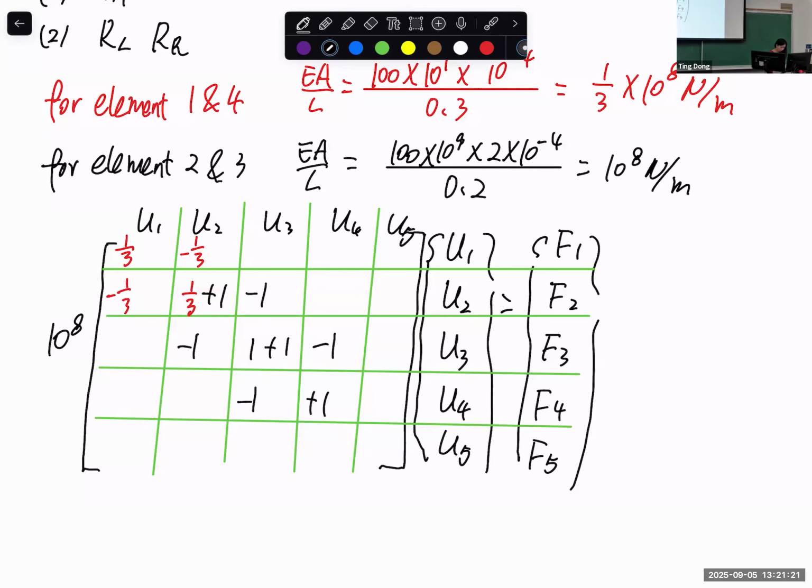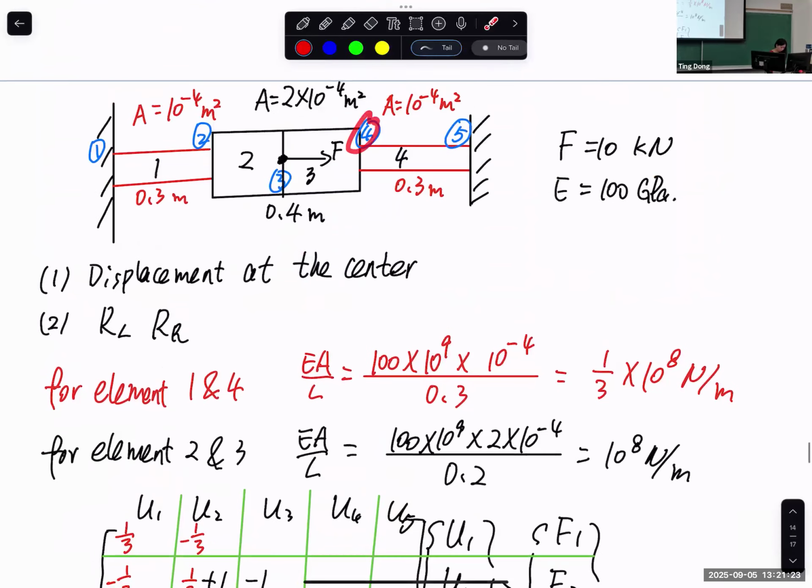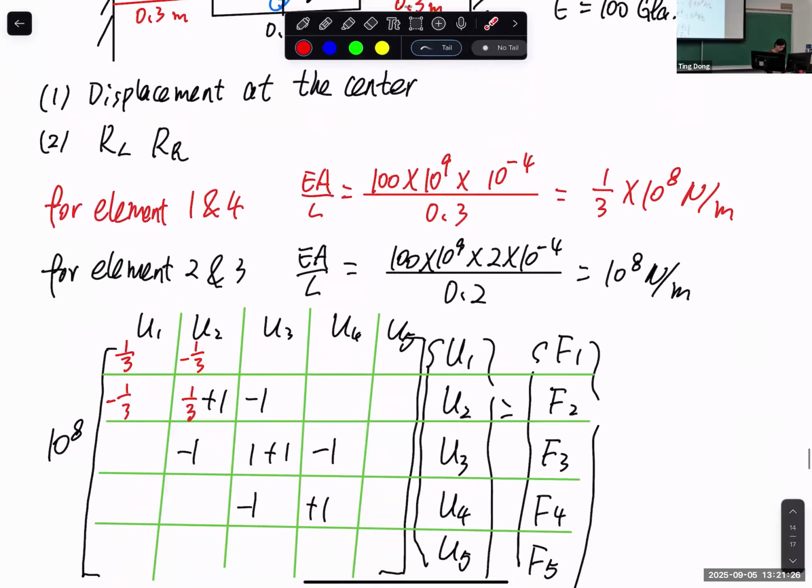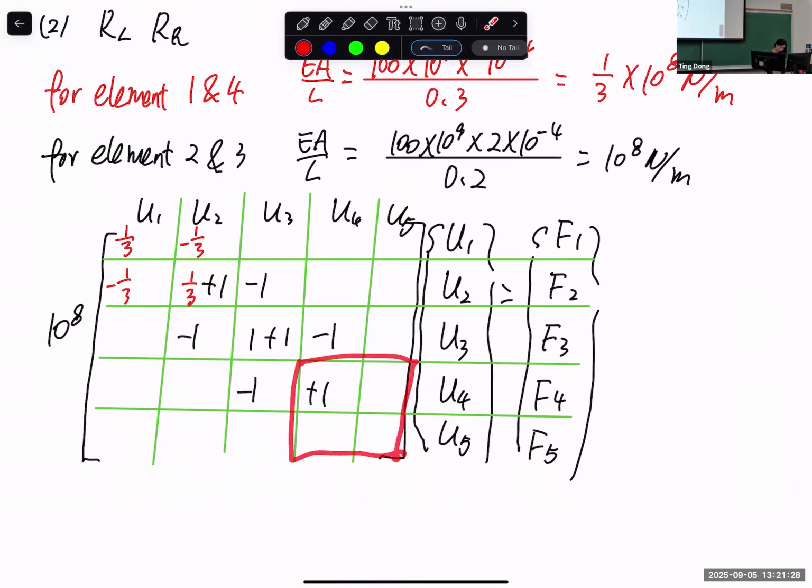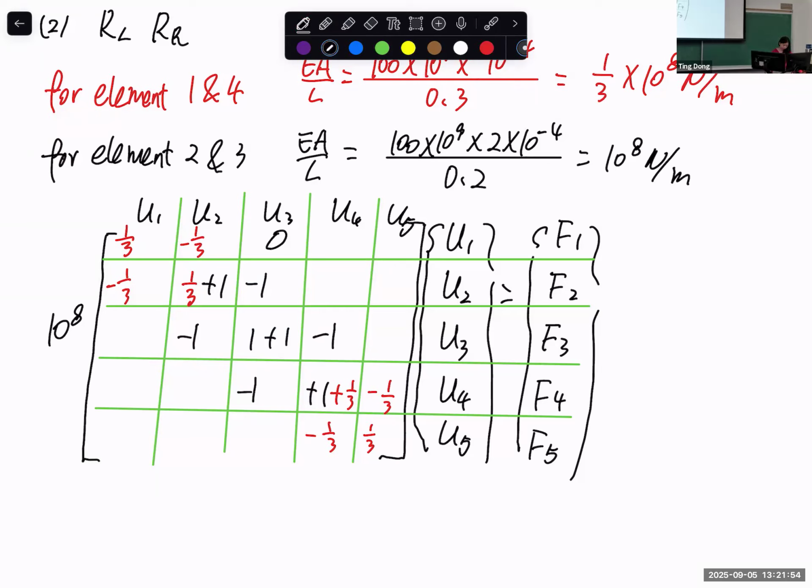And element 4 is node 4 and node 5, so we should have plus 1/3, minus 1/3, minus, plus. For the rest of the components where there's no number, it basically means there's no connectivity between those 2 nodes. We can put all 0 for the rest of the components.